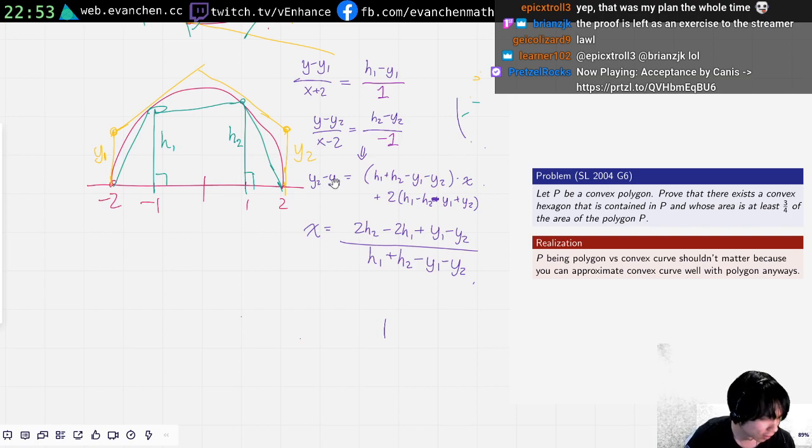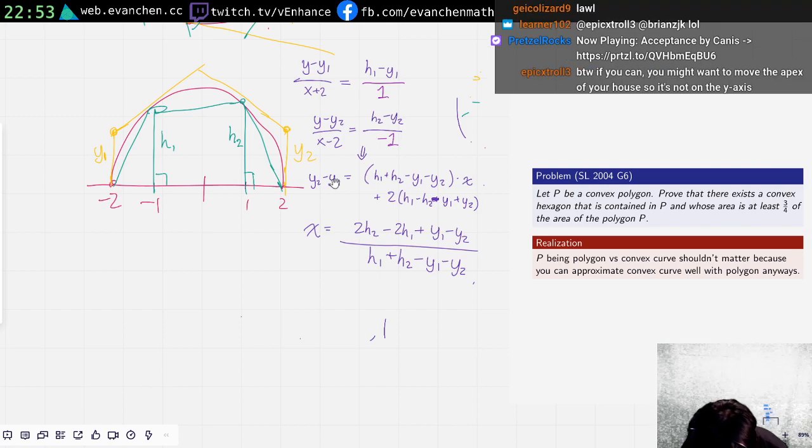Oh lord. It's honestly better for me to eliminate x than to resolve. Okay, whatever. y is y1 plus x plus 2, which is 4h2. Really? 4h2 doesn't seem good. Did I flip a sign?